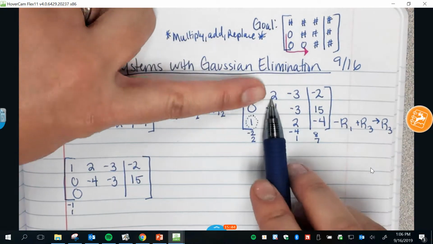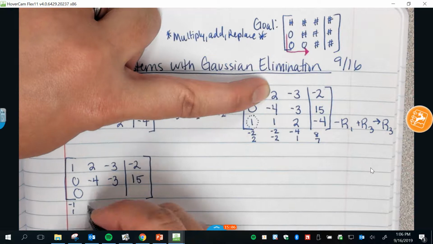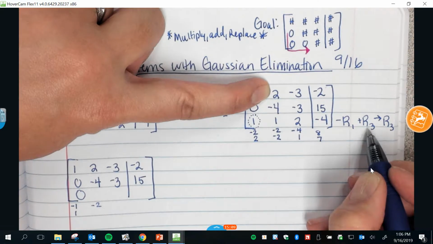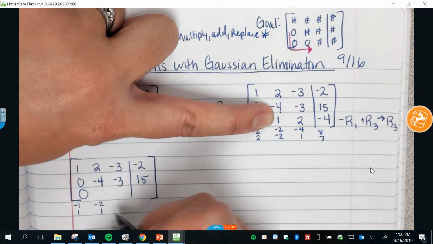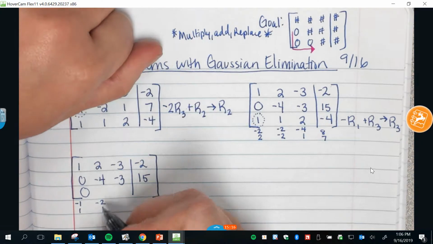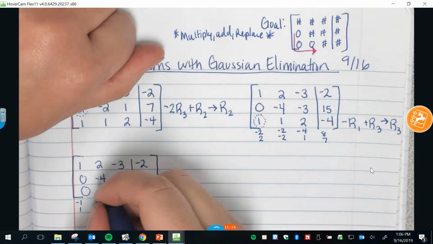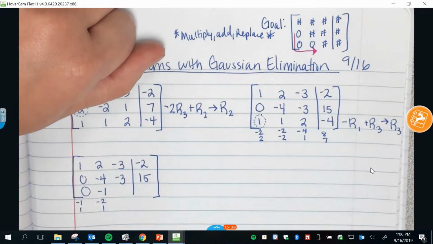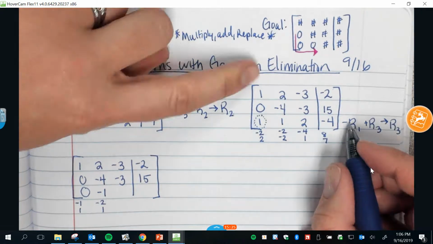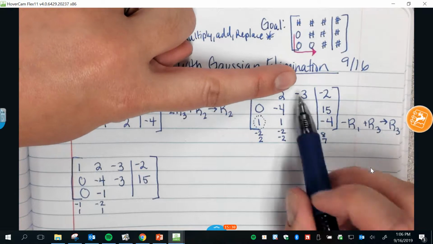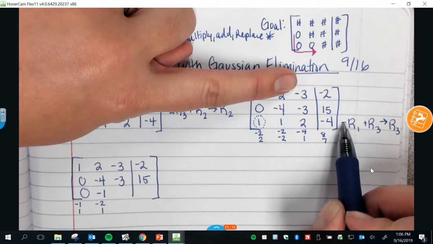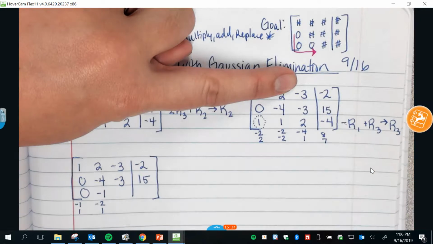Negative row 1, so negative 2 plus row 3. My row 3 is the number 1. I add those two numbers together. Negative 2 and 1 makes negative 1, right? I'm just doing arithmetic, right? Okay, now keep going, negative row 1. Okay, now look. Negative row 1. So that'd be negative, negative 3. What's that going to be? 3.